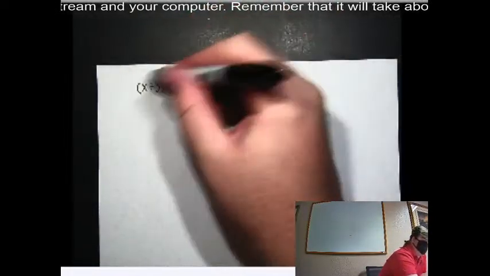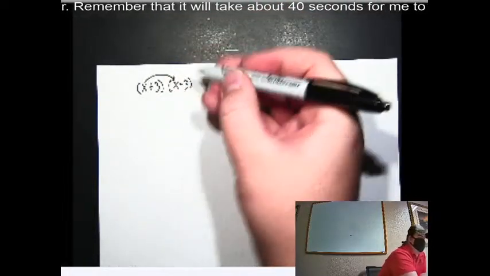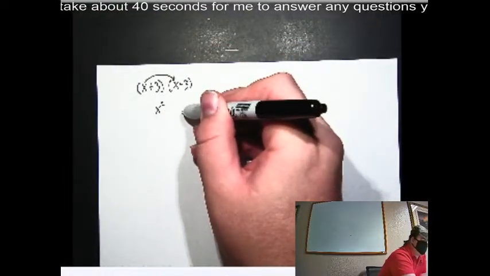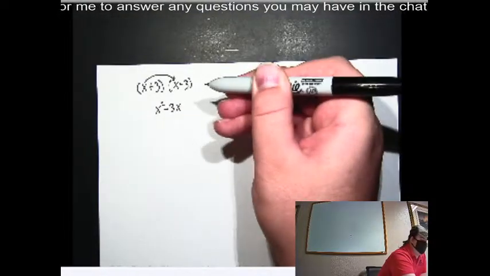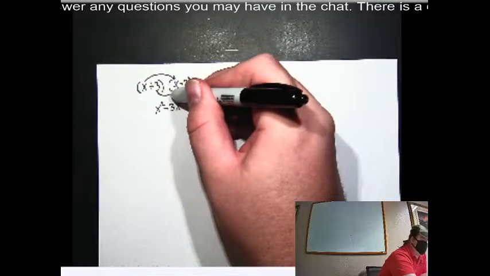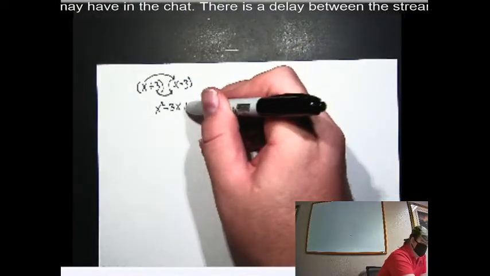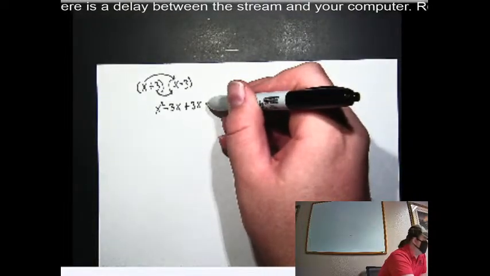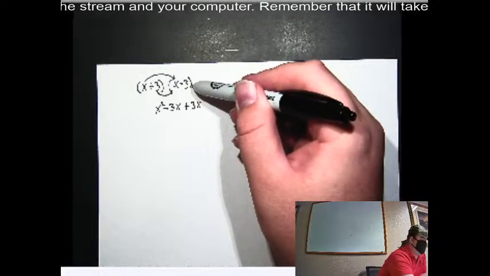So again, we need to multiply our first number. So what do we get when we multiply x? Negative 3x, good. All right, now we need to multiply the 3, plus 3x. Three times negative 3?